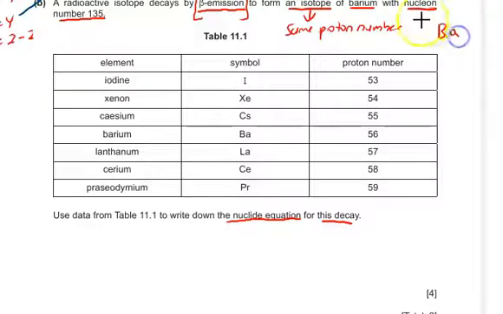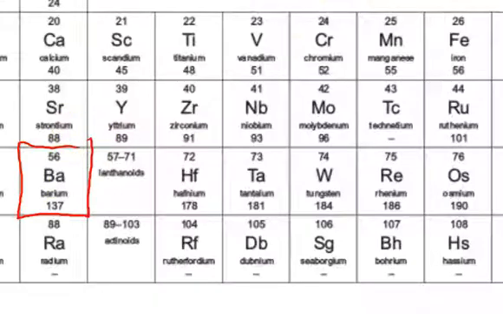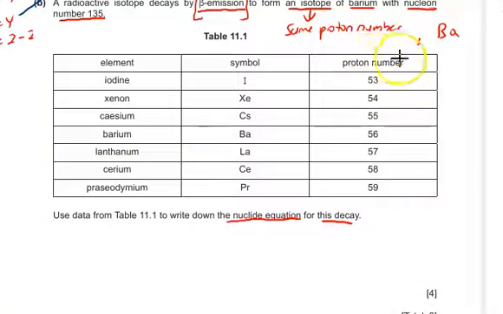So barium is 56, and here it's 135. Now we have to find something that decays.